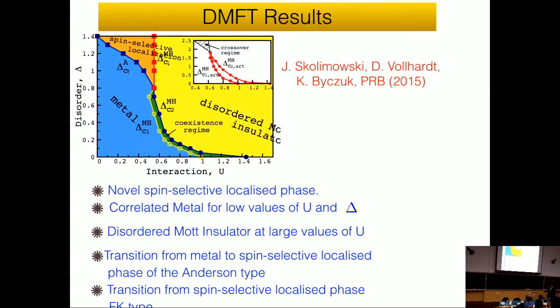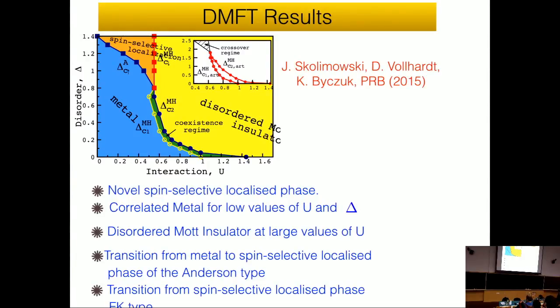Now over here, since one of the fermions is completely Anderson localized and the other one is moving around, this actually represents quite a bit the Falicov-Kimball model. So then there's a transition at large values of disorder and large values of interaction that is something like a Falicov-Kimball type transition.